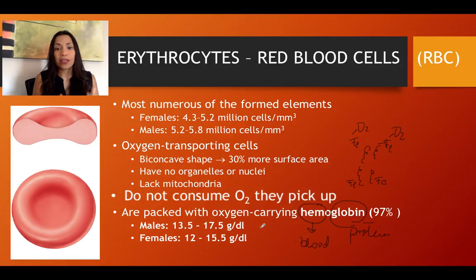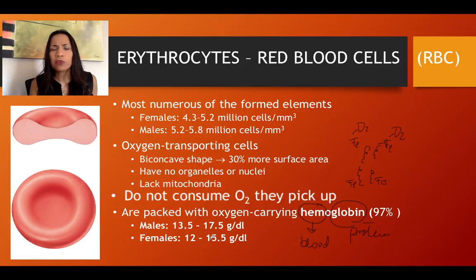And every red blood cell has around, I forgot the number, but a pretty important amount of hemoglobin per red blood cell, not in total in blood, per red blood cell. So the total hemoglobin in the whole blood, well, the normal values depend again if you're a male or a female.